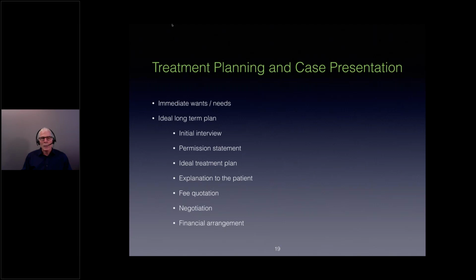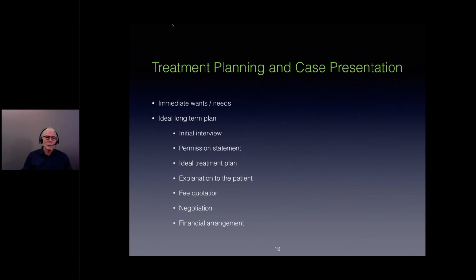Is the treatment going to be done as quickly and efficiently as it can? It's all going to be planned for right away, or is the treatment going to be segmented? Is it going to be a plan where it's scattered over a number of years with the goal of maximizing dental benefits over that time?